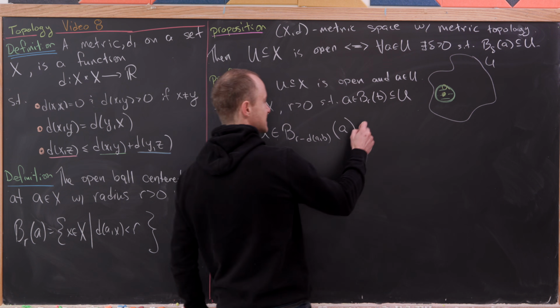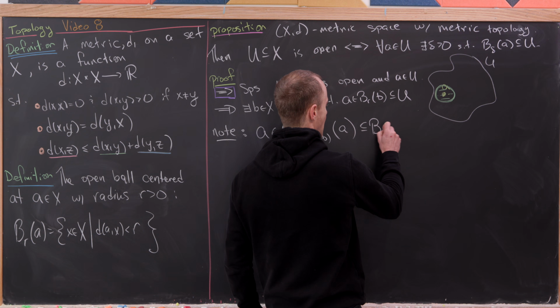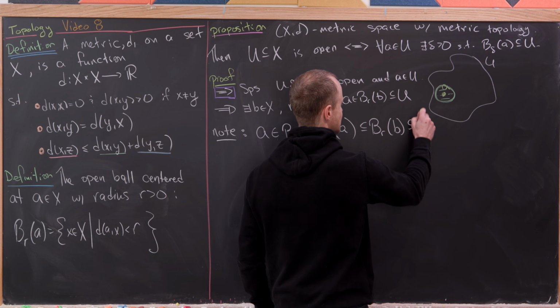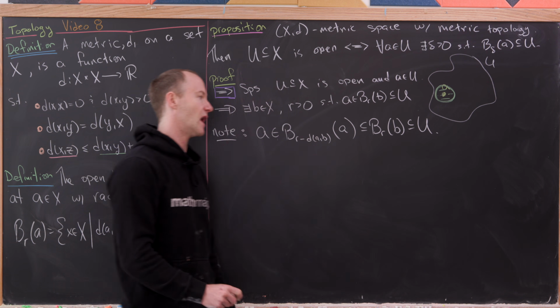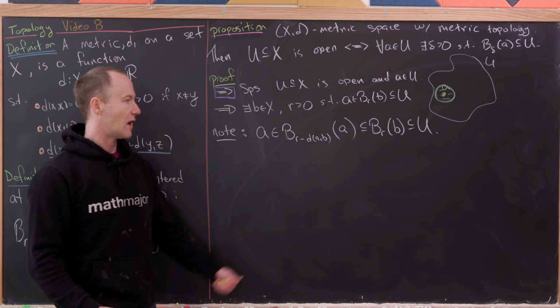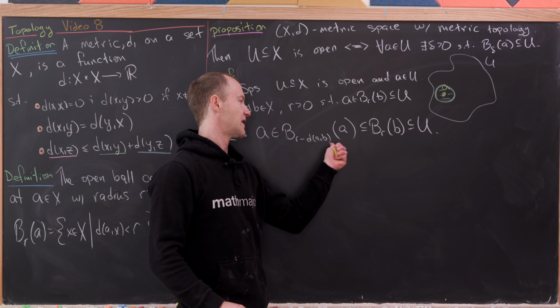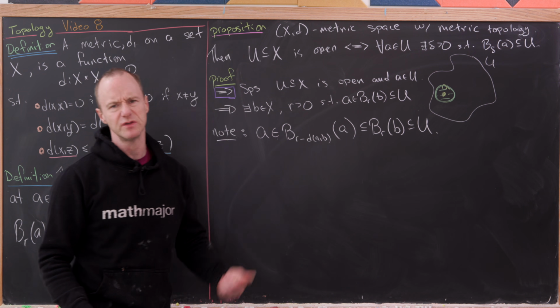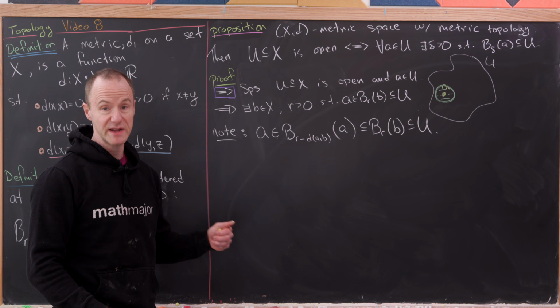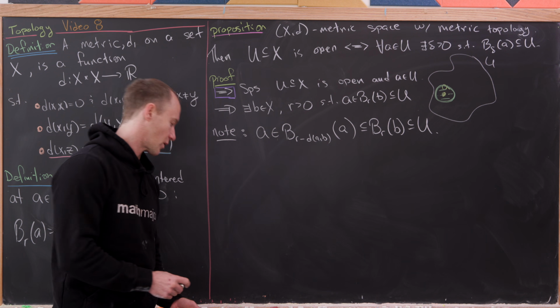But then this is going to be a subset of the ball of radius r centered at B, which is in turn a subset of U. Now, maybe this subset relationship from here to here you might want to check, but you'll use the triangle inequality. It'll be pretty similar to what we did before.